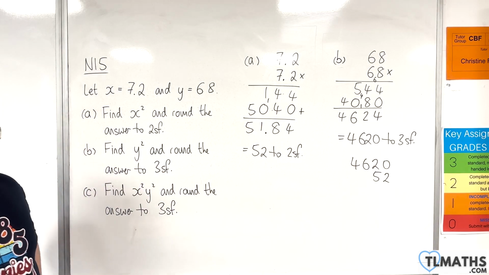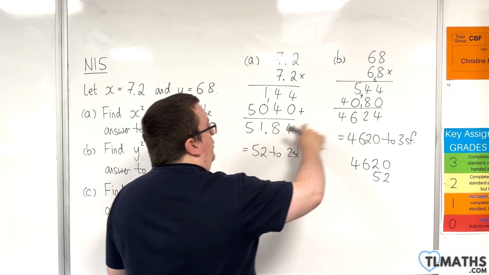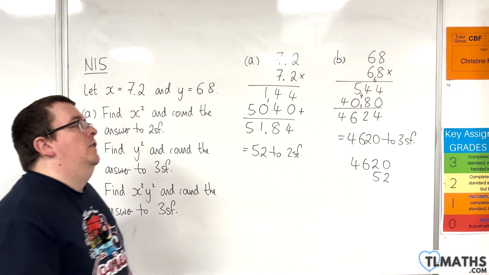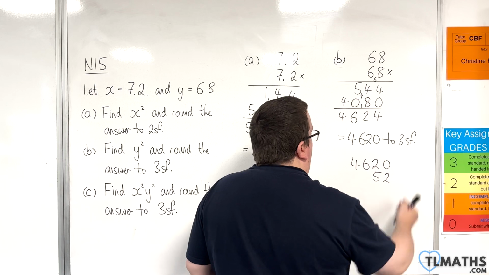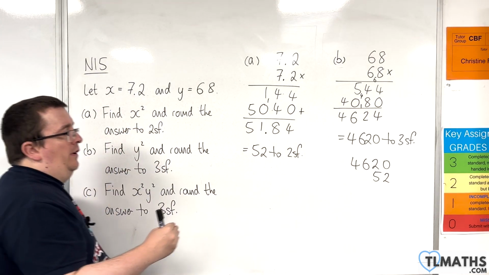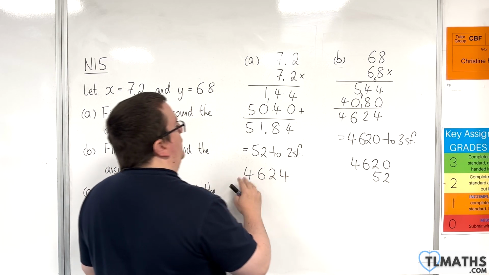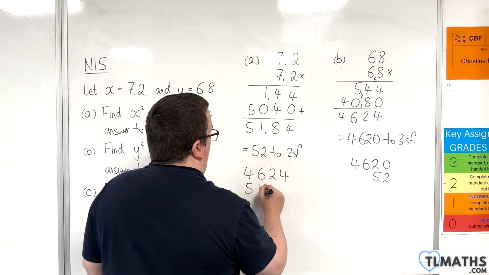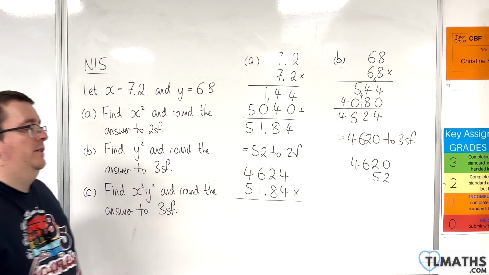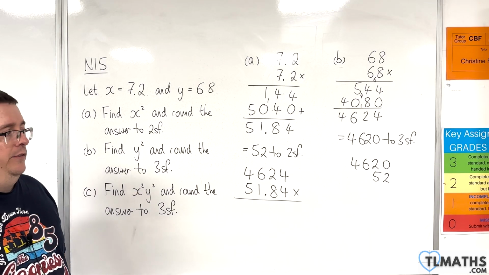The reason why this is a mistake is because you are rounding your two answers partway through the calculation, and then you're going to get a different answer. So I'm going to utilize the correct answers, 4,624 and 51.84, and I'm going to multiply these two numbers together and show you the differences that can come out from the answers.